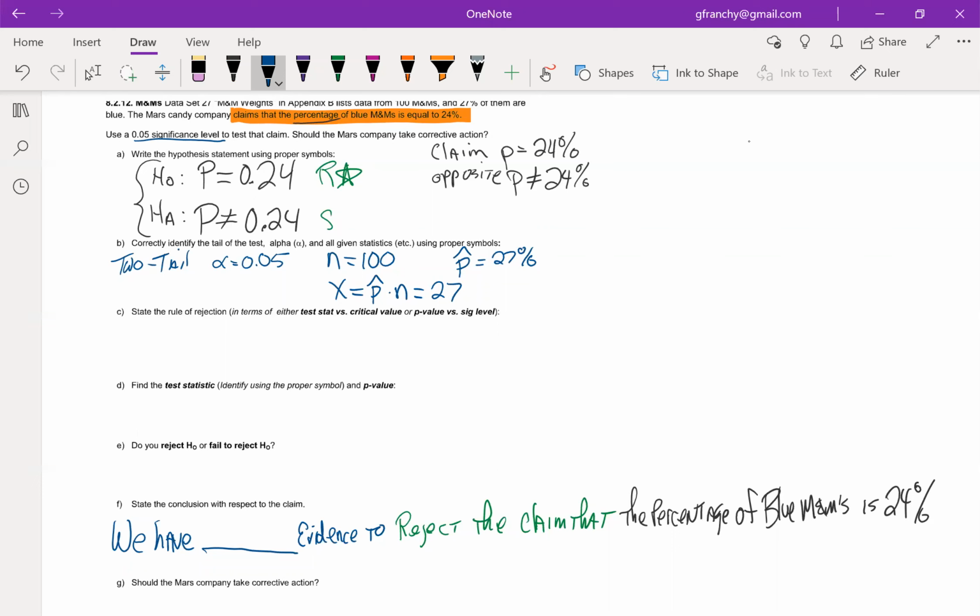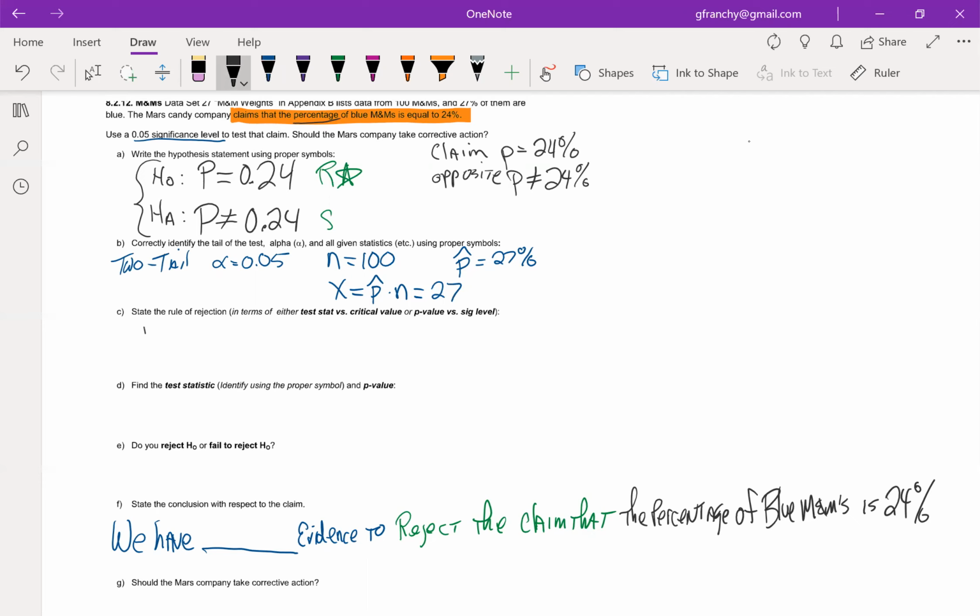So when you're reading through these proportion questions, pay attention. There's a couple things you have to pay attention for when it comes to the number of successes X. Did they give you the sample proportion, in which case you have to compute it just like we saw back in chapter 7? Or like in the last question, they might give you both of the partials. They told us how many things were overcharges, how many things were not overcharges. Make sure that you're picking that right number there.